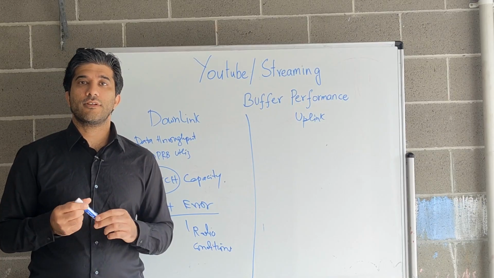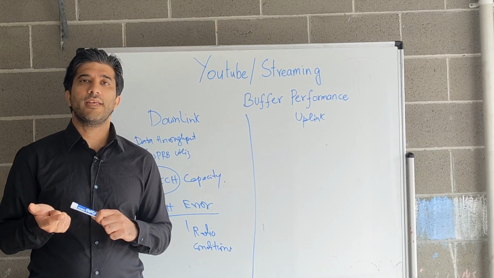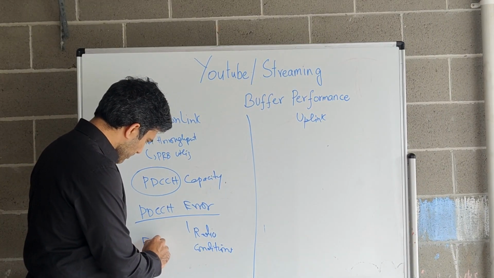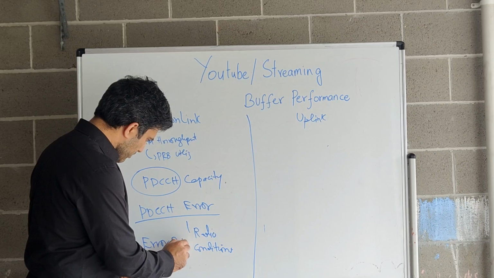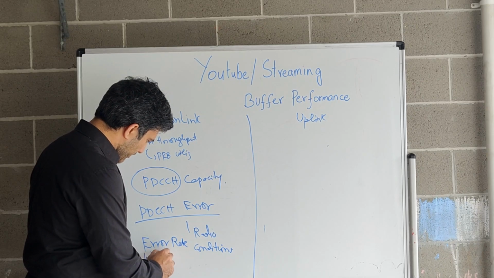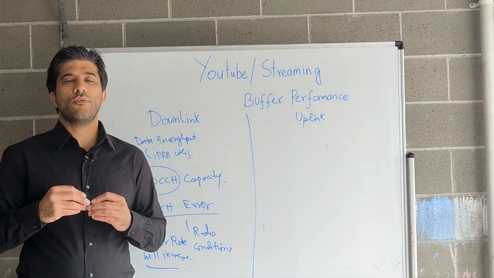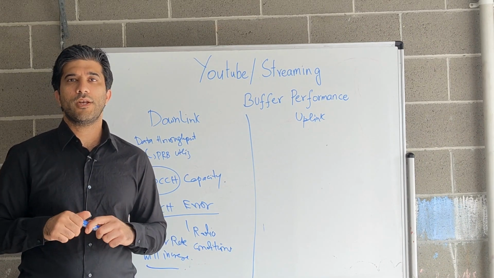In case the scheduling grants are not acknowledged properly, your PDCCH error rate will increase, and hence the performance of your network will go down.